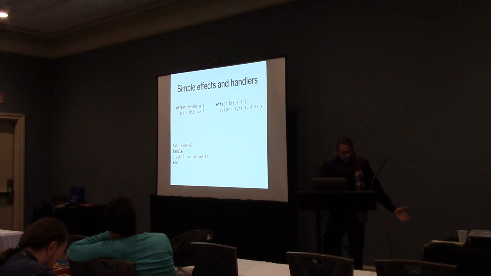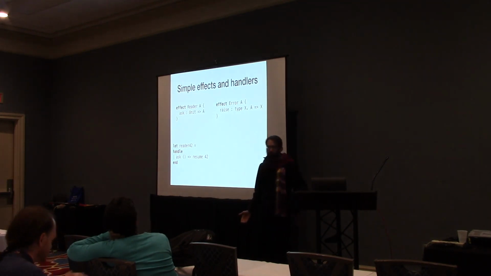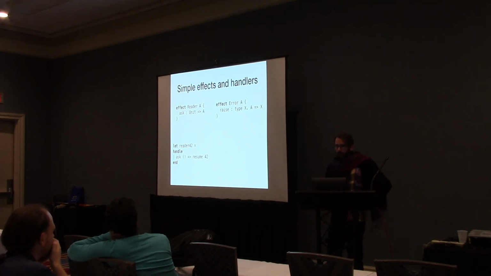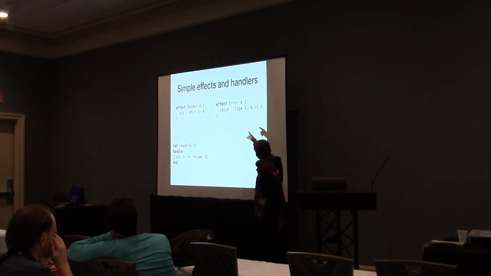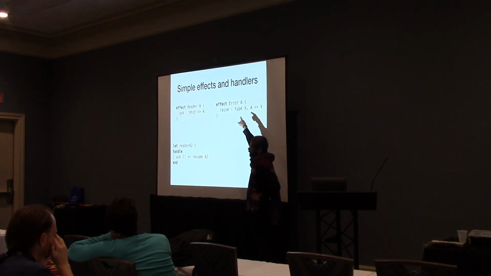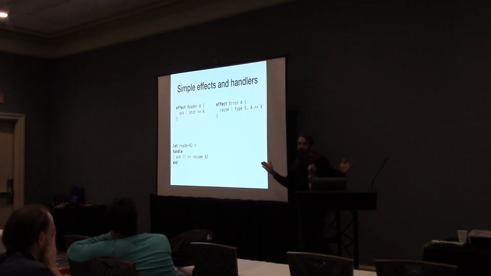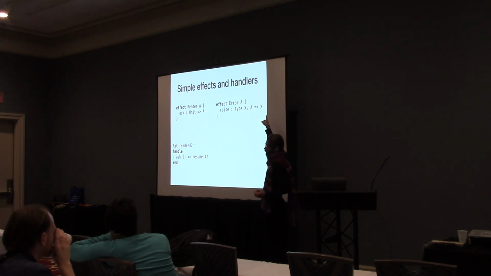But like I said, effects can do much more than this. In particular, they give us control flow operations. So basically, they allow us to do things to the control flow. In particular, we can write an effect like this, which is an error. So we can raise with a parameter of the error effect, and we get back something, anything, which basically means that the handler cannot provide any value of this type, right?